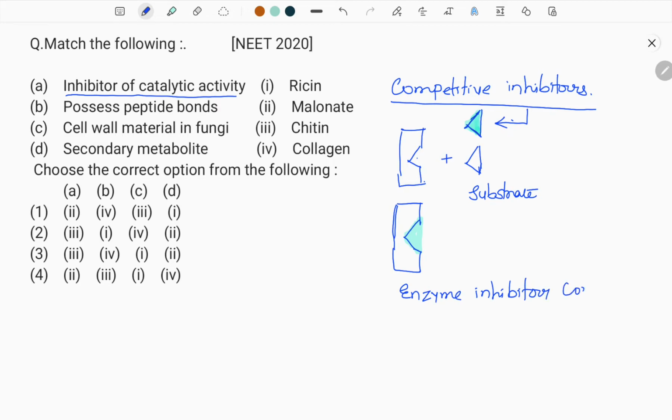This enzyme inhibitor complex does not allow the substrate to bind with that enzyme.